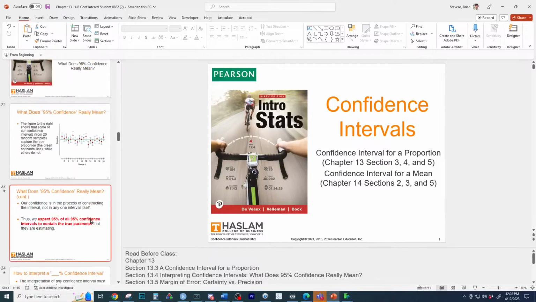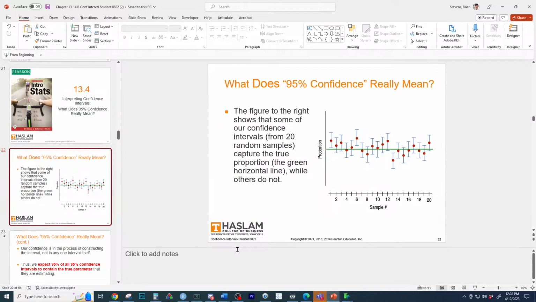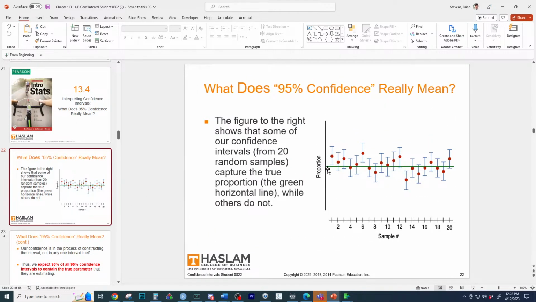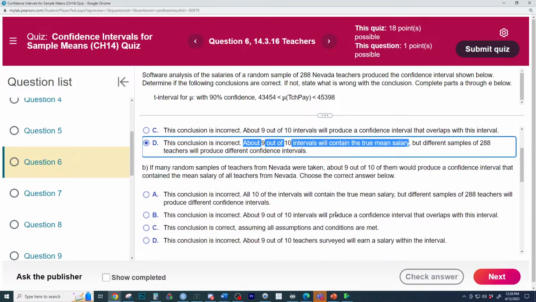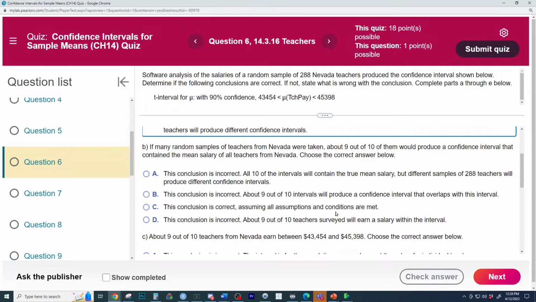Here's the slide on it. There's the true proportion, and here's our estimate from a sample, and the true proportion is contained in 95% of 95% confidence intervals, like the true mean would be contained in 90% of 90% confidence intervals. If many random samples of teachers from Nevada were taken, about 9 out of 10 of them would produce a confidence interval that contains the mean salary of all teachers from Nevada.